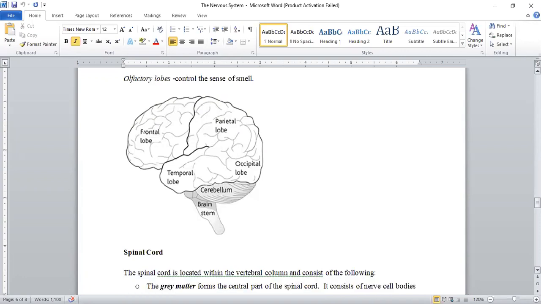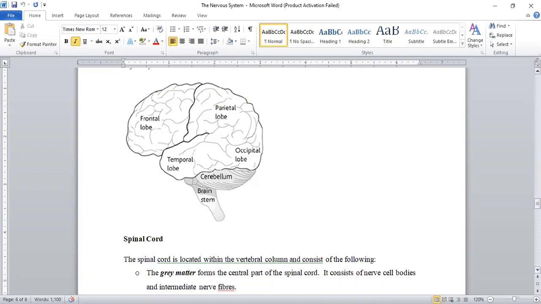Is there any question on that diagram? Hello? Any question? Is there any question on the different parts of the brain?